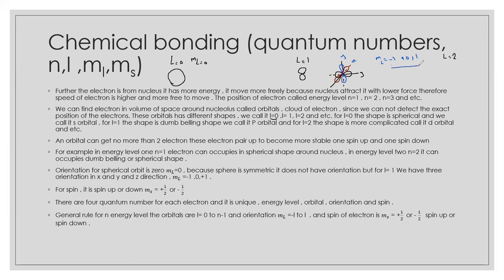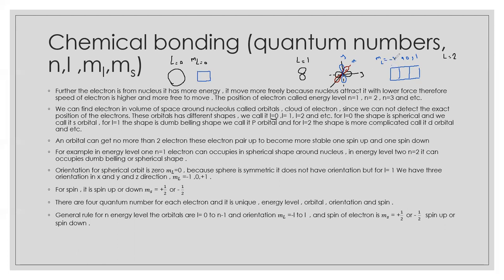Each of these orbitals that I see here can contain 2 electrons. Since I have just one ml, it's just one box, right?